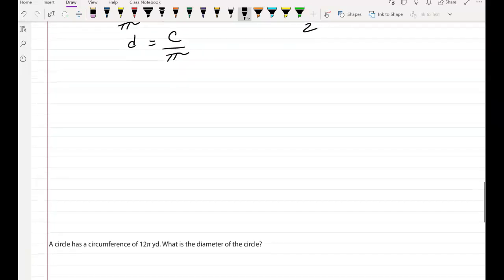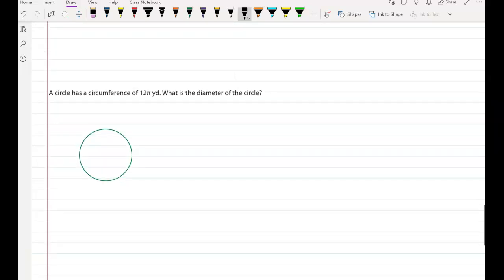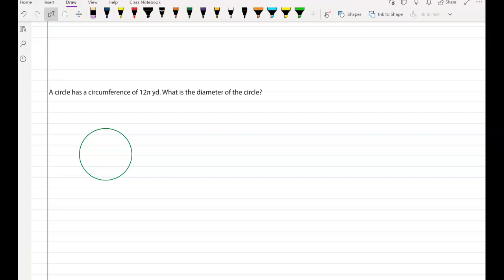So let's look at our first problem. A circle has a circumference of 12 pi yards. So it goes all the way around. That's 12 pi yards, okay? And so we're trying to find the diameter. Well, remember, diameter is equal to the circumference divided by pi.